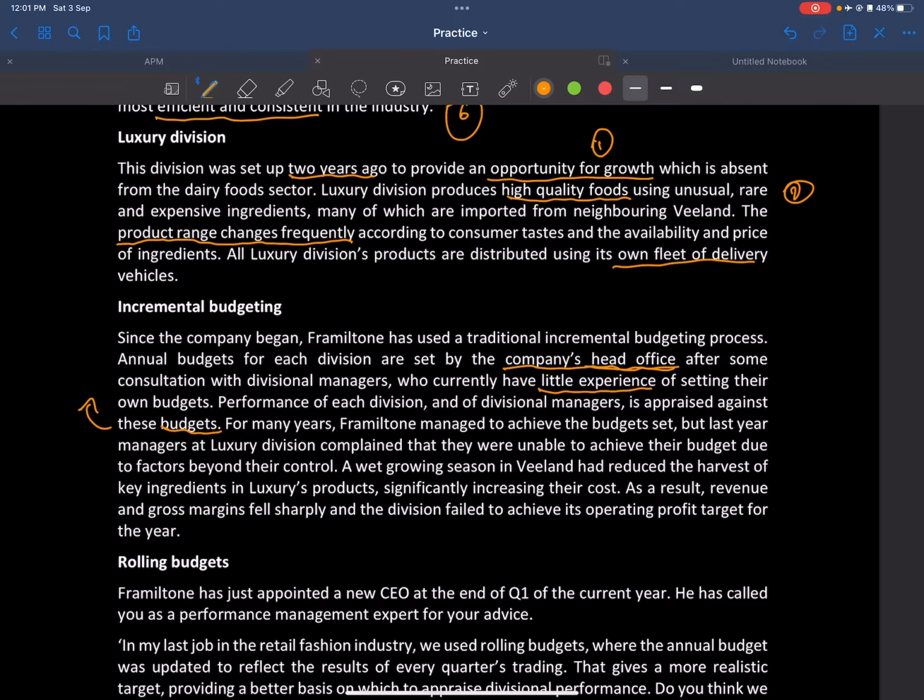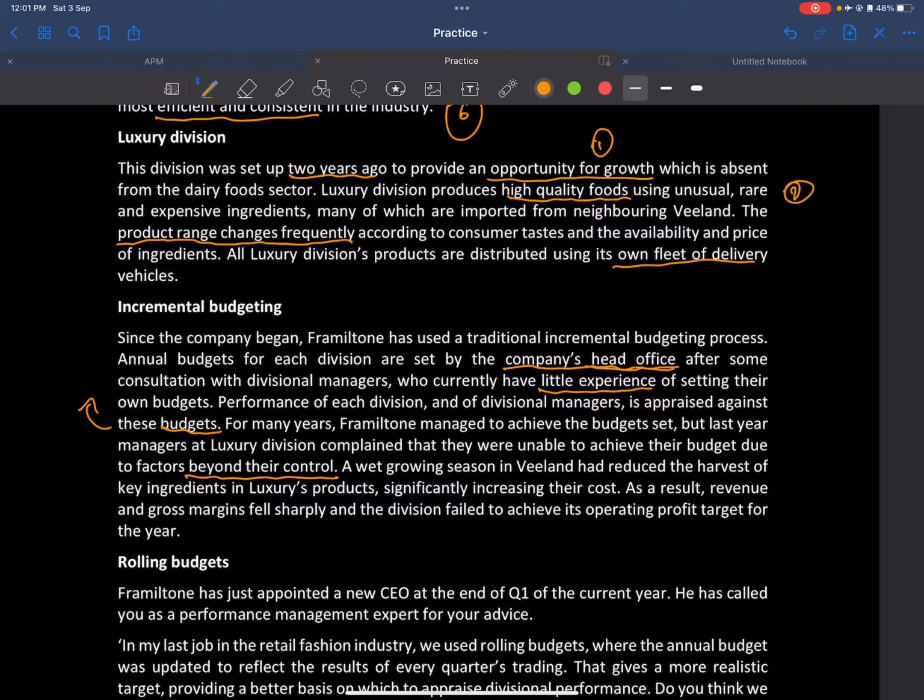So if they meet the budget, they would basically be granted their bonus, right? For years, Framilton managed to achieve the budget set, but last year, managers of luxury division complained that they were unable to achieve the budget due to factors beyond their control, right?